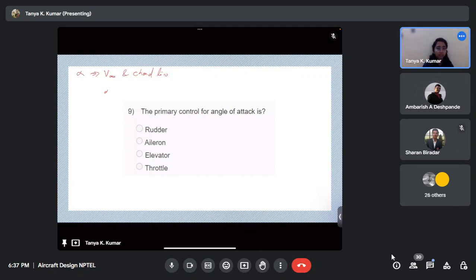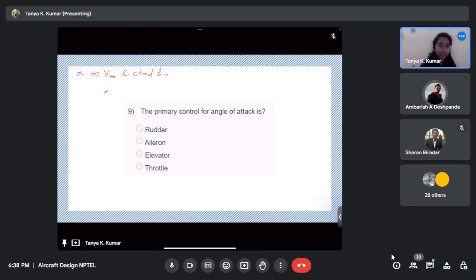Can we control that? Okay. So when we pitch up or pitch down the aircraft, we change the attitude of the aircraft, right? Effectively changing angle of attack, but we can't say controlling angle of attack.